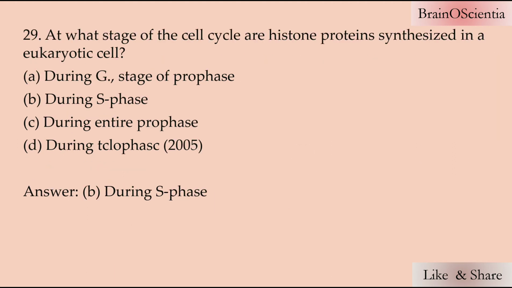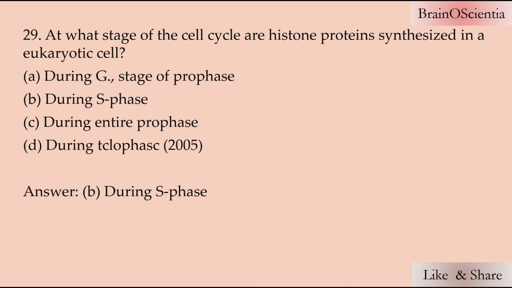Next question: at what stage of the cell cycle are histone proteins synthesized in eukaryotic cells? That means what is histone protein? We need to first know what is histone protein. Histone is a protein made up of 8 proteins. It is also called histone octamer. DNA is wrapped around histone protein after replication, or when the DNA in free state is wrapped in a protein-like structure called histone. In which stage are the histone proteins synthesized?